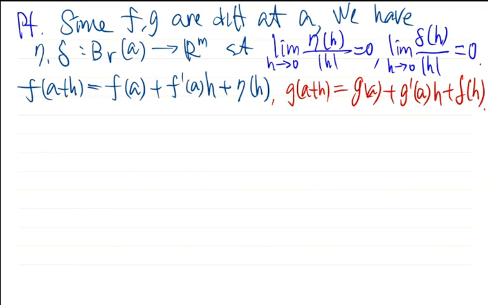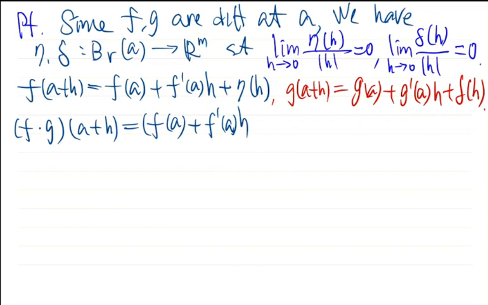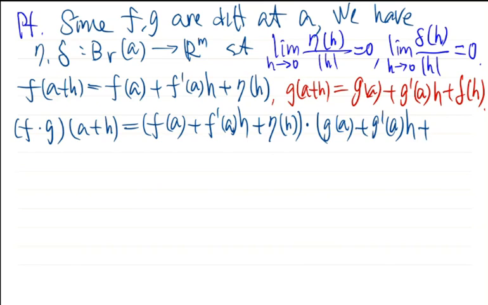Now we compute the inner product function at the point a plus h. Using the previous two equalities, this is the inner product of f(a) plus f'(a)h plus eta(h) with g(a) plus g'(a)h plus delta(h). And we expand this inner product.